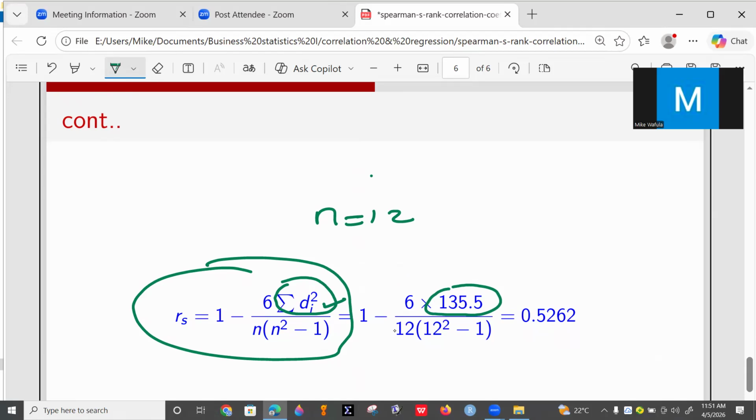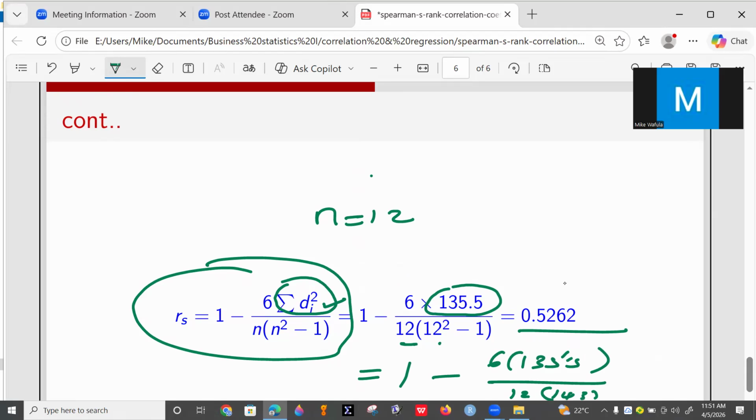So you're talking of 1 minus 6 times 135.5 over 12 into 12 squared minus 1, which is 12 into 144 minus 1, that is 143. You get a figure of 0.5262. That's a correlation value lying between -1 and +1.